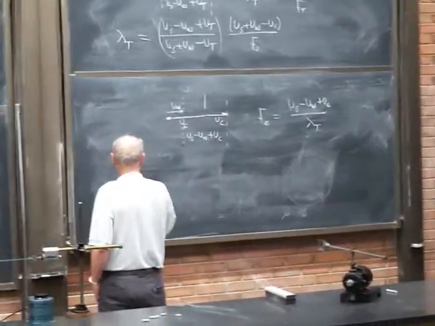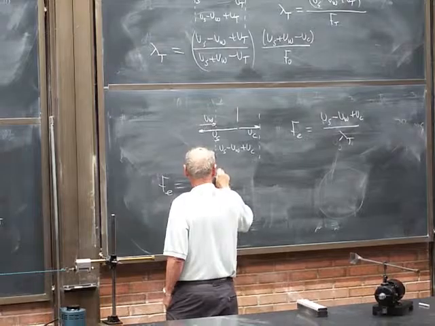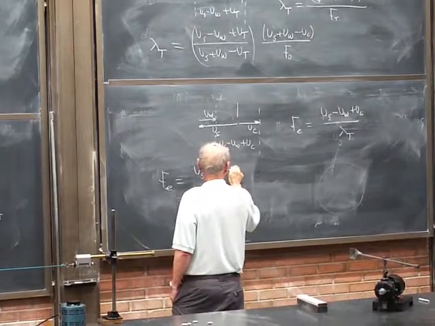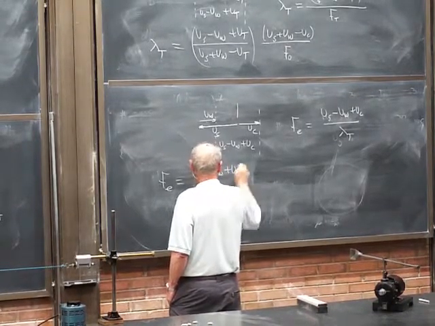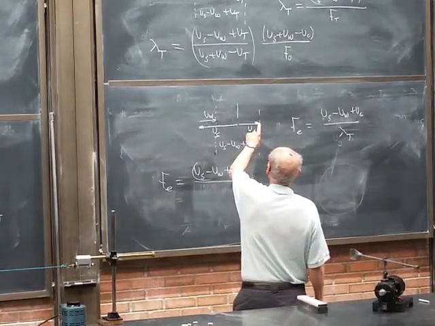So, putting it all together, the frequency of the echo is Vs minus Vw plus Vc, divided by that stuff.